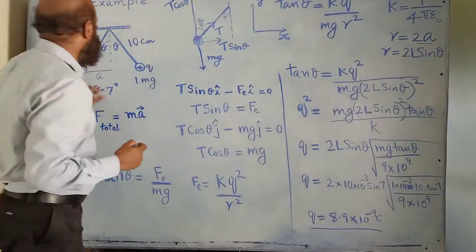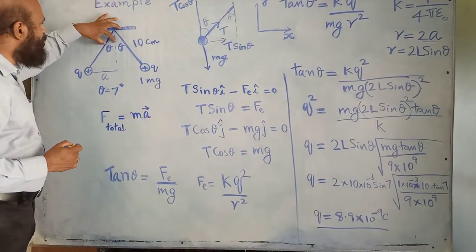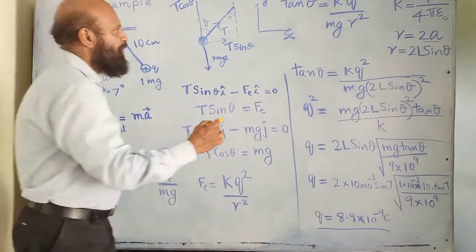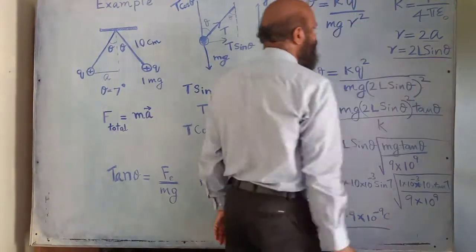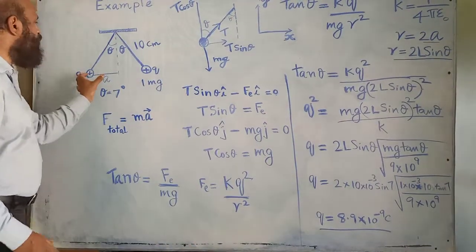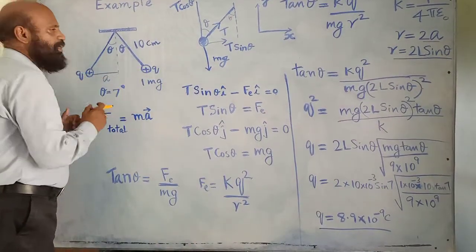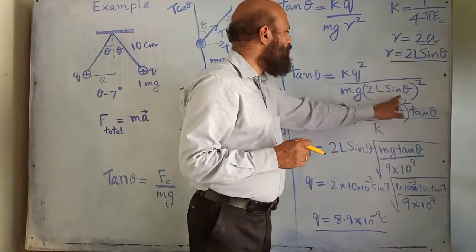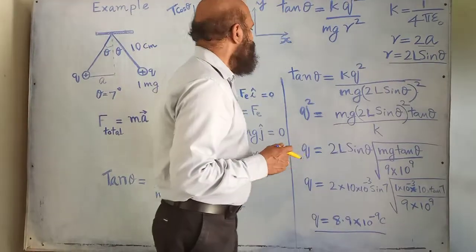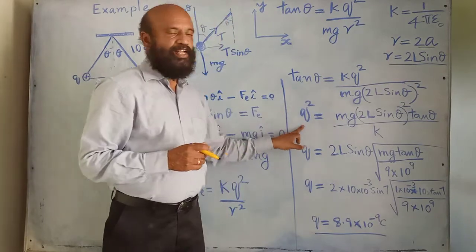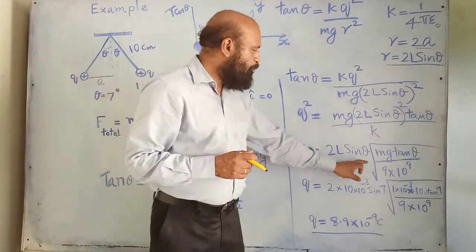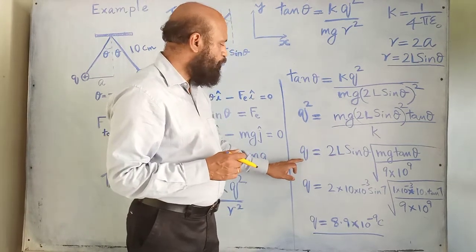Then applying the trigonometry formula, sin theta is opposite side by hypotenuse, we can get r is equal to 2l sin theta. Now for this r you substitute 2l sin theta. So after rearranging, you can get an expression for q square. Taking the square root on both sides, you will get an expression for q.